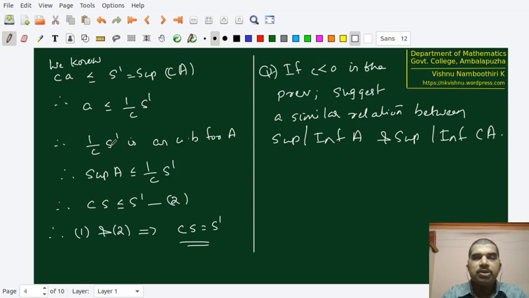So we have to think carefully, and here C is less than 0. Therefore, the inequality whenever we are multiplying with C will get reversed. We have to be careful about that.